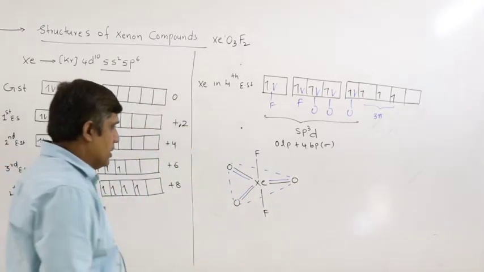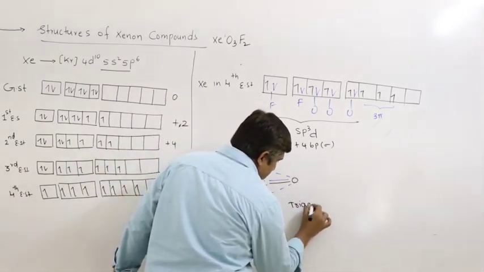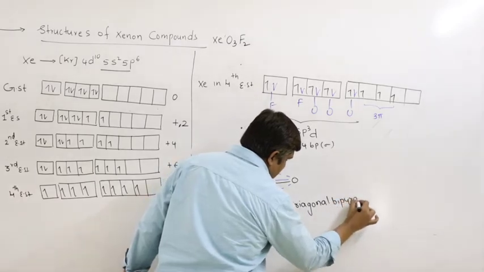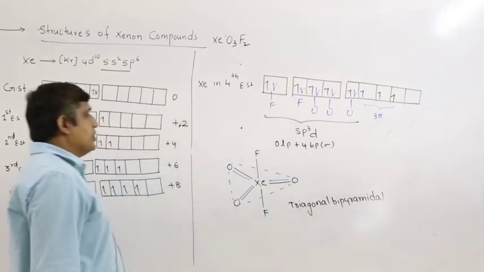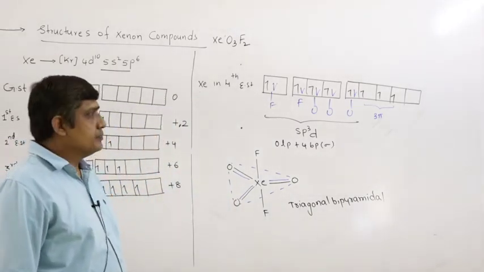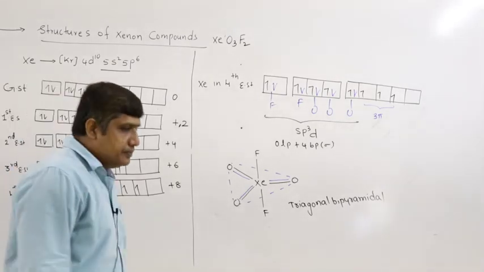Trigonal bipyramidal geometry. Three oxygens occupy three equatorial positions of trigonal bipyramidal geometry.